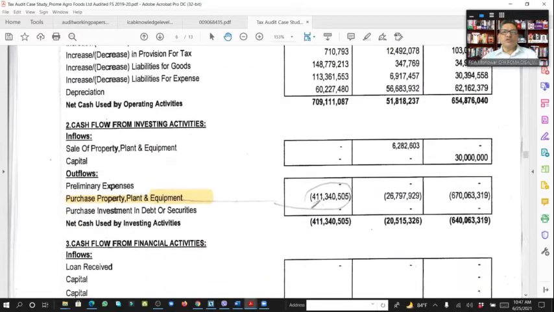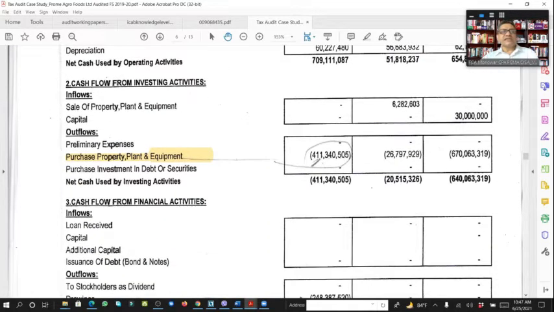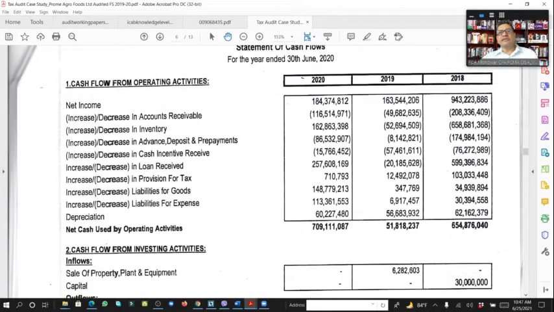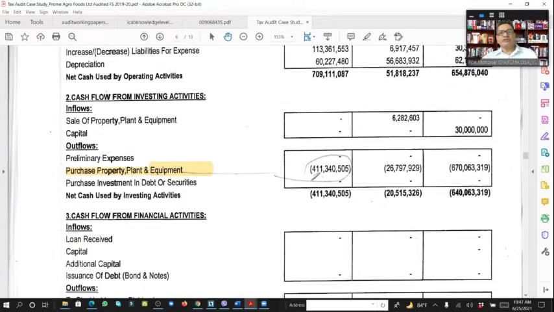Also here, purchase of property plant equipment within this year, that means in the year 20, that was, look here, 41 crore 13 lakh payment for the equipment purpose or property plant equipment, that is a fixed asset. The 41 crore taka payment.